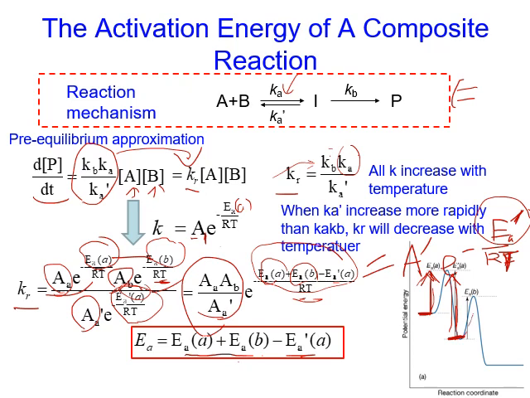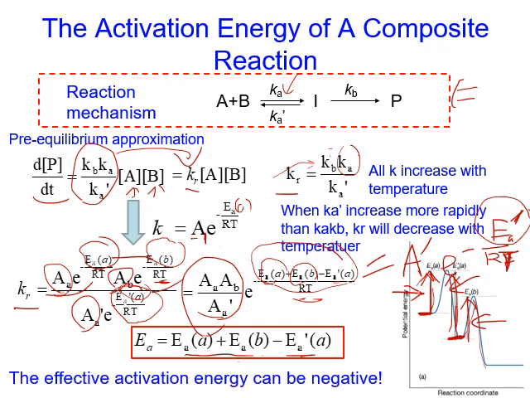And for the second step, this is the forward reaction activation energy. So the total reaction activation energy is these two forward activation energies minus this reverse reaction activation energy. And this is called the effective activation energy for the composite reaction.